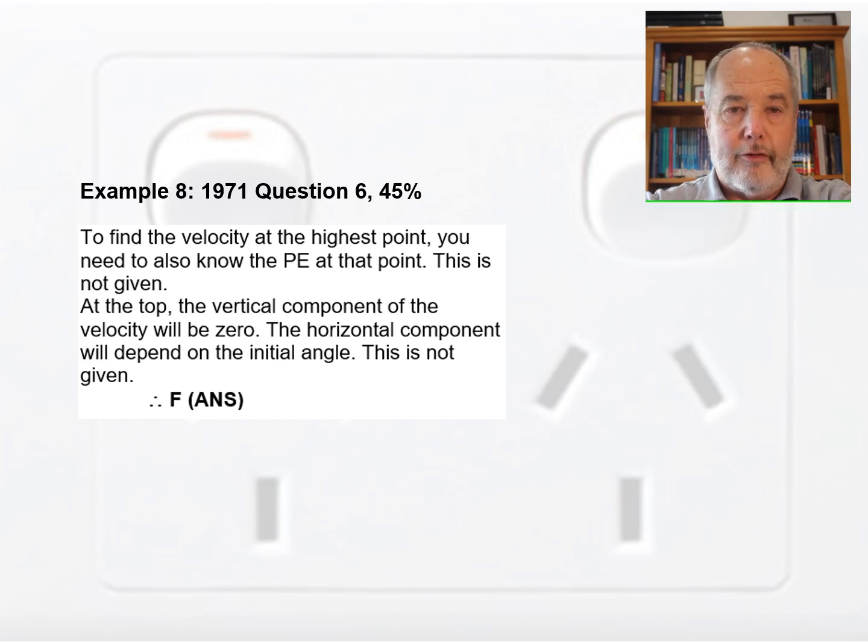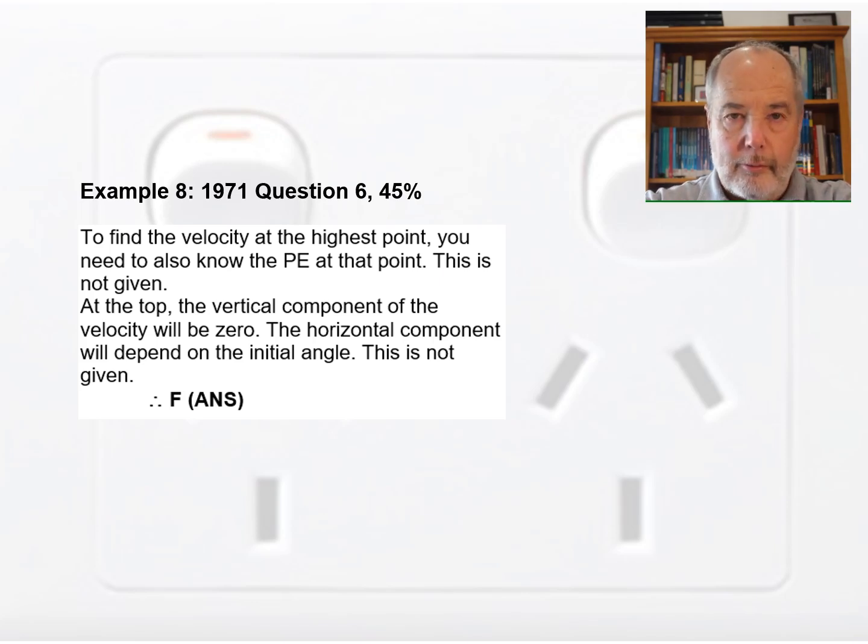We're looking for velocity. At the top, the total energy is the kinetic energy plus the gravitational potential energy. We can't just use the total energy, so we need to eliminate B. Option C, the momentum is going to change in the vertical direction.